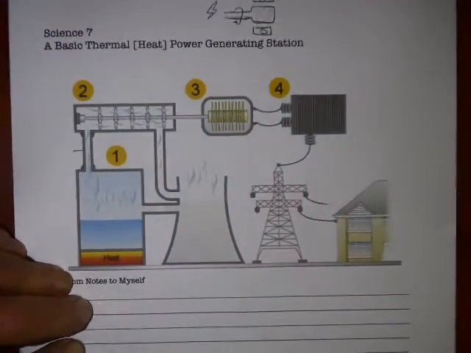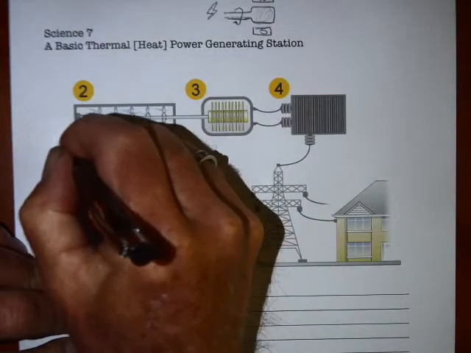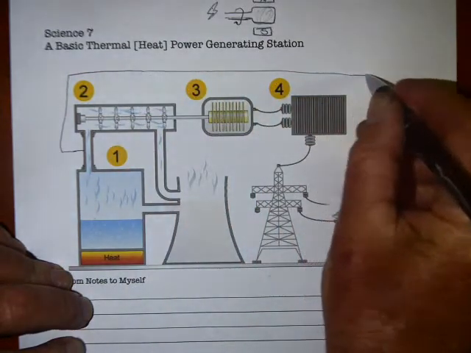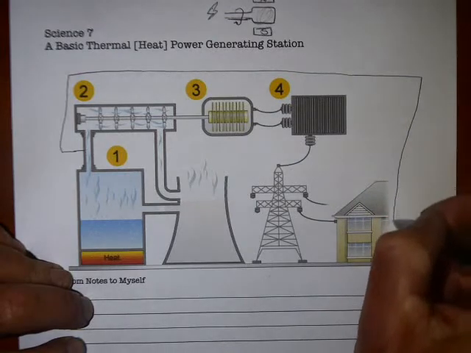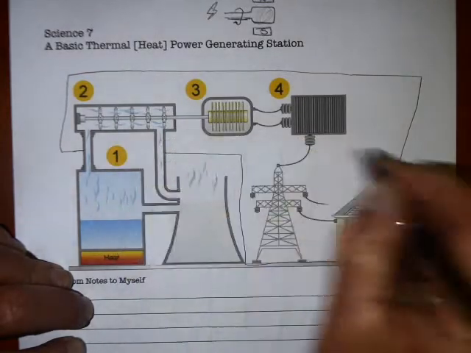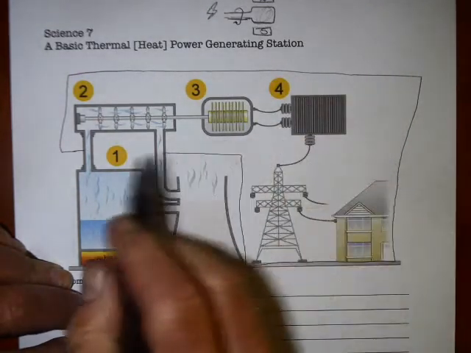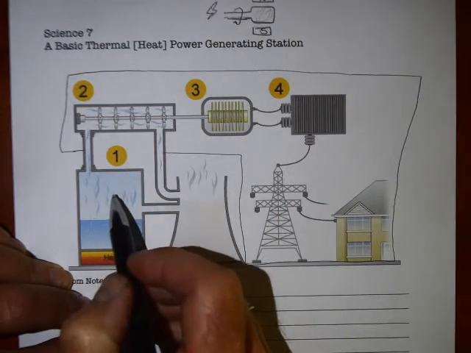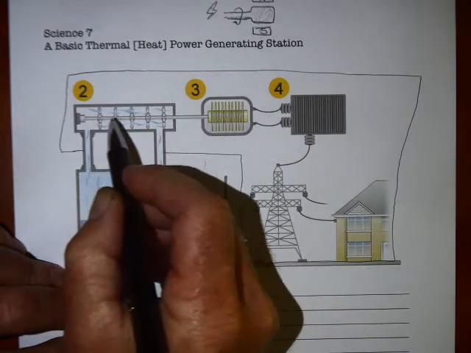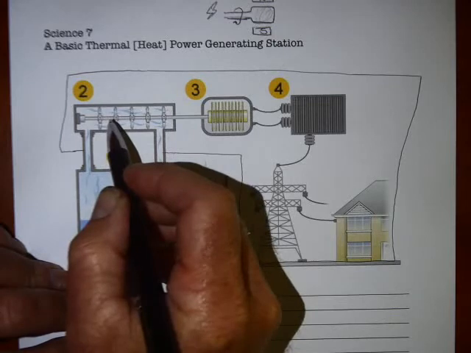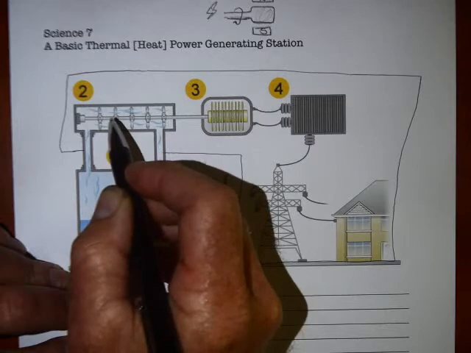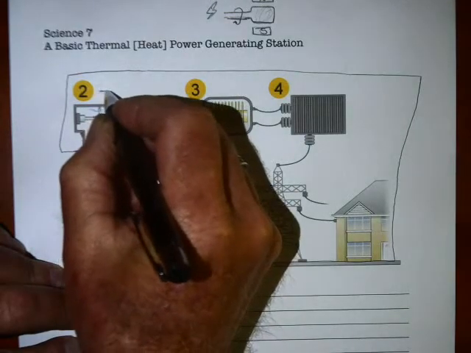So this is going to be a funny looking box, but pretty much all electricity is made and distributed the same inside this big box here. What changes is this part here. So what we have here is the turbine. Now, turbine is just a fancy word for propeller blades. So this is the turbine. Number 2 is the turbine.